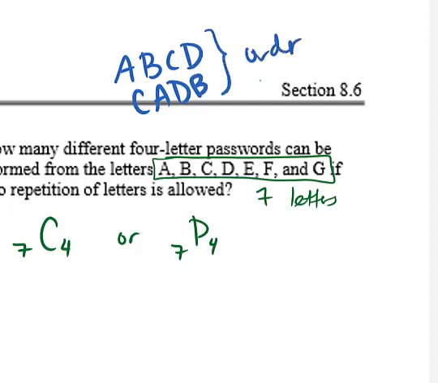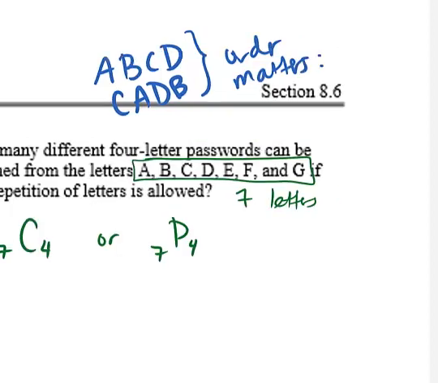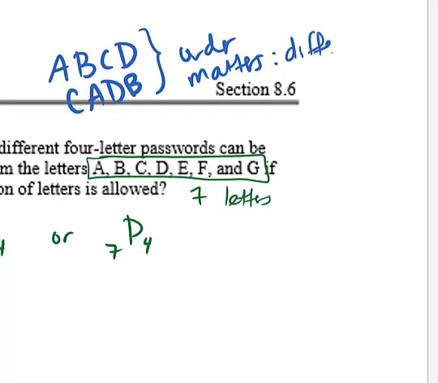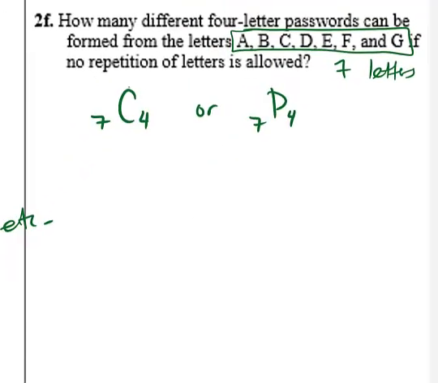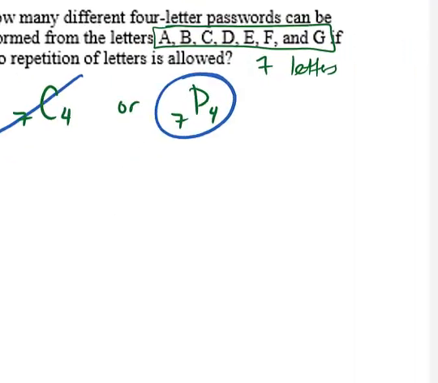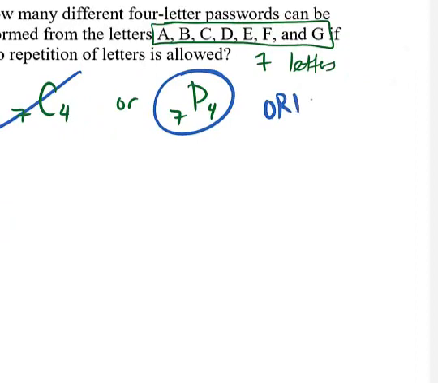So order matters because you get a different password. Even though I'm choosing the same 4 letters out of the 7, they're different passwords because they're in a different order. So yes, order matters. Combinations is not the one I want. I want permutations, because that's where order matters. Order matters with passwords.